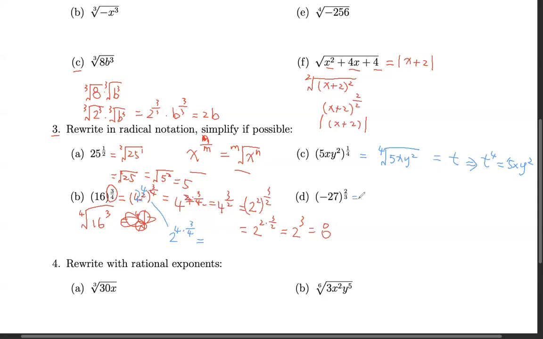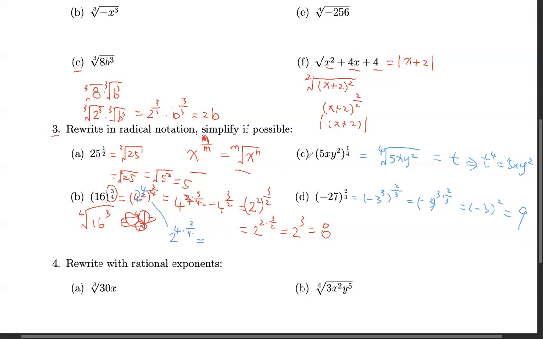Now let's see d. In d, we see the exponent is 2/3. We want to write negative 27 as negative 3 raised to 3, then to the 2/3, because 3 times 2/3 is just 2. This 3 cancels with this 3. That's negative 3 squared, which is just positive 9.